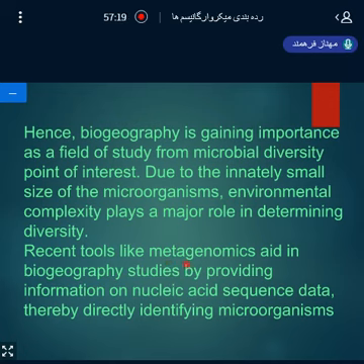Okay, recent tools like metagenomics aid in biogeography studies by providing information on nucleic acid sequence data, thereby directly identifying microorganisms.